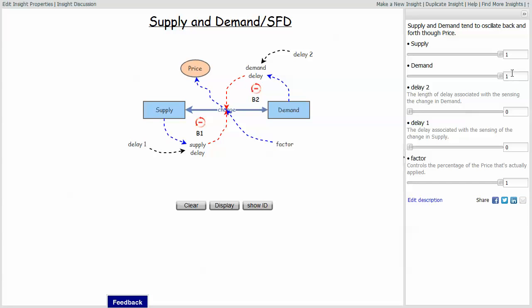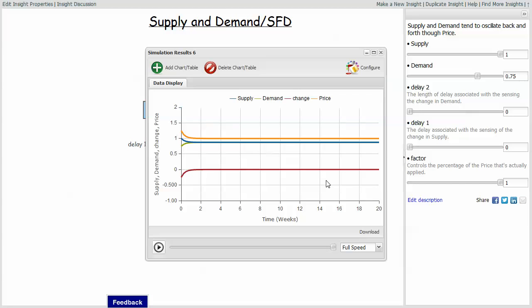Whatever the real values tend to be is irrelevant at this point. But what I want to do is to say, well, suppose that the demand drops to 75% of whatever it was. If I then go ahead and run this simulation, what it shows me is that because there's a difference between supply and demand, the price begins to drop because demand is down.